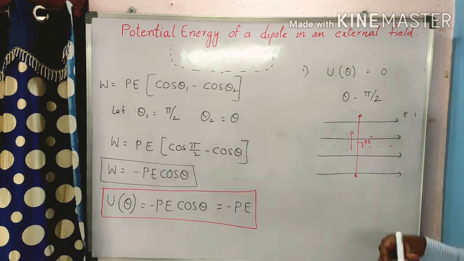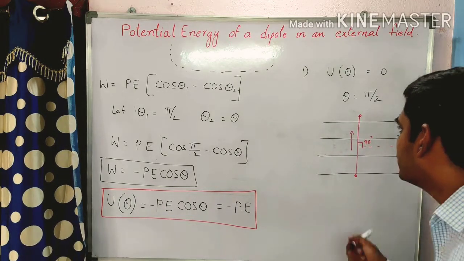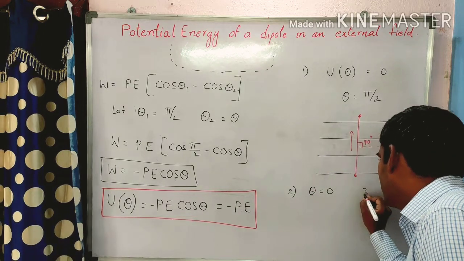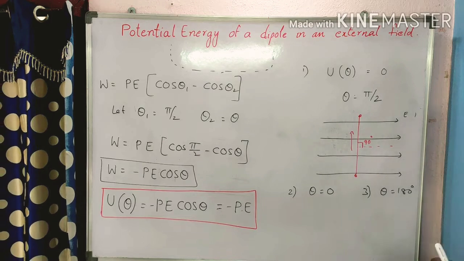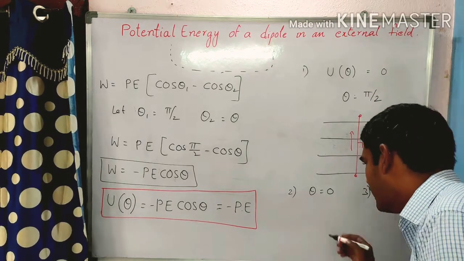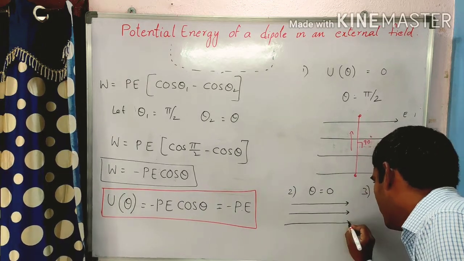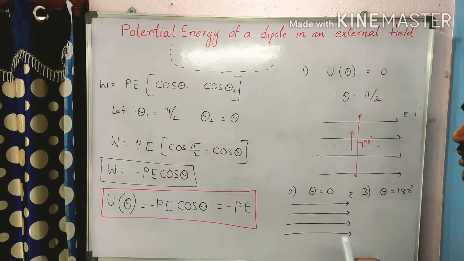The second case is when theta is equal to 0. The third case is when theta is equal to 180 degrees. See here, this is the electric field, and theta is equal to 0.